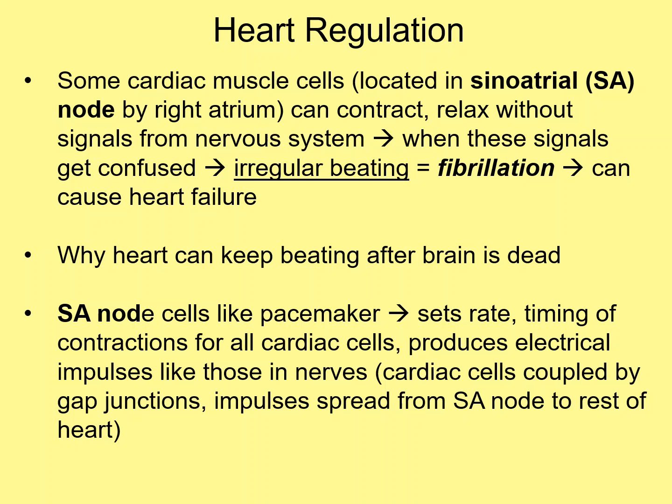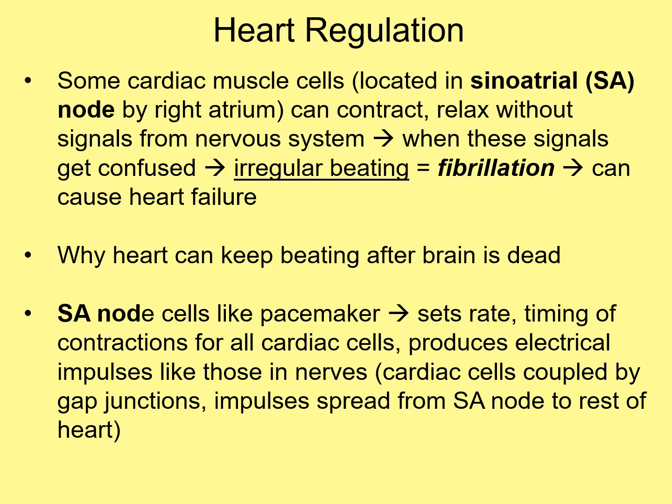And remember, when we were looking at the tissue types and our types of muscle, we noticed that cardiac muscle had those intercalated discs in between the bundles of cardiac muscle.